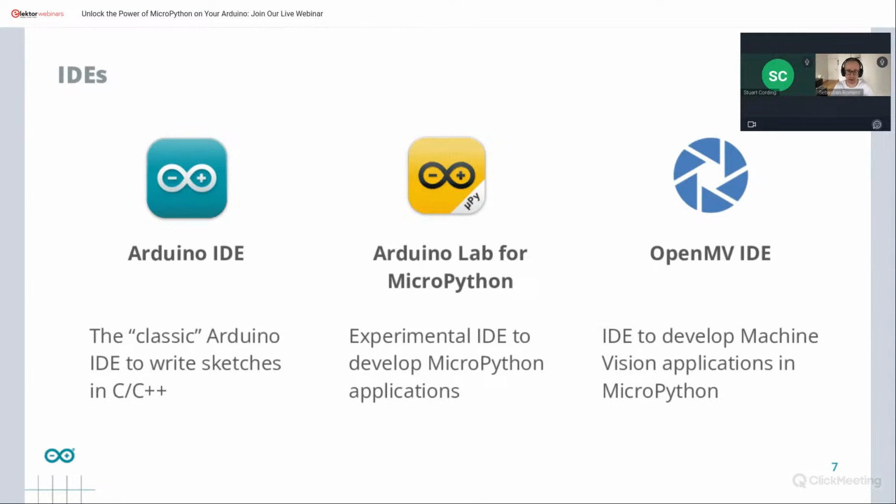It's an experimental IDE that's very simple to use, that allows you to develop the code and test it on the device. And then there's yet another one, which is called OpenMV IDE. We have been partnering with OpenMV to support our boards with their infrastructure, and this IDE is specifically geared towards machine vision applications. I'll explain a little bit more later on.